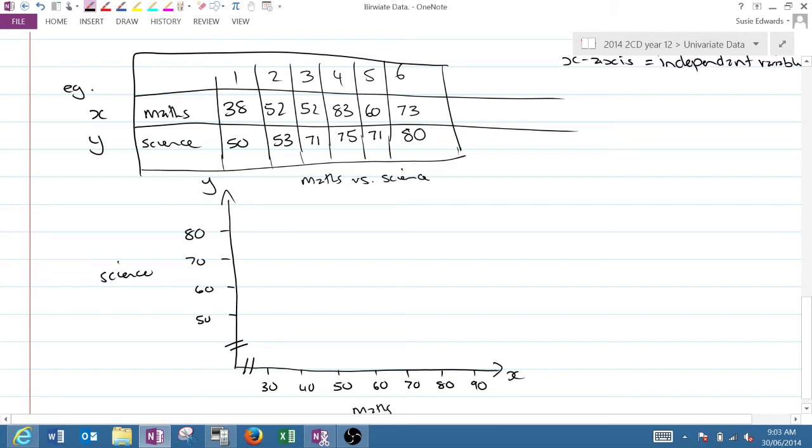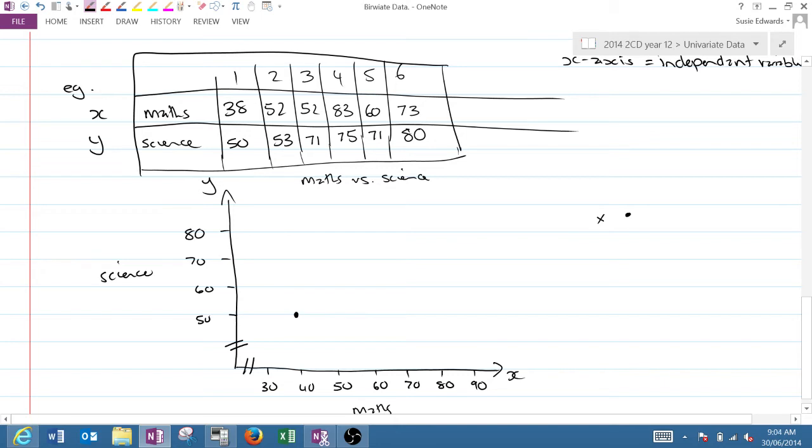All right, scatter plots. There's two ways of doing your points. You can either do a little cross, make sure that where the two lines cross over is exactly where your point is, or you can do a little dot, okay? What we don't want is a massive cross or a massive dot, okay? So a small dot or a small cross. It's up to you. I usually use dots, all right? So 38, we go across to 38 for maths and up to 50 for science, and we draw a dot. Usually in a test, what happens is we give you about half of this data and we just get you to plot maybe 3 points just to know that you can plot them.